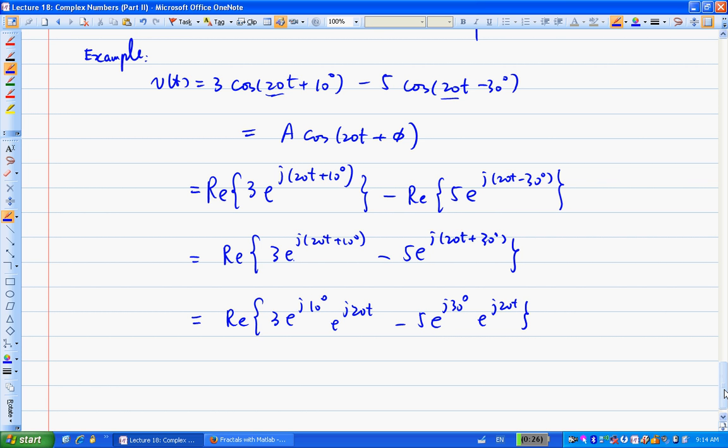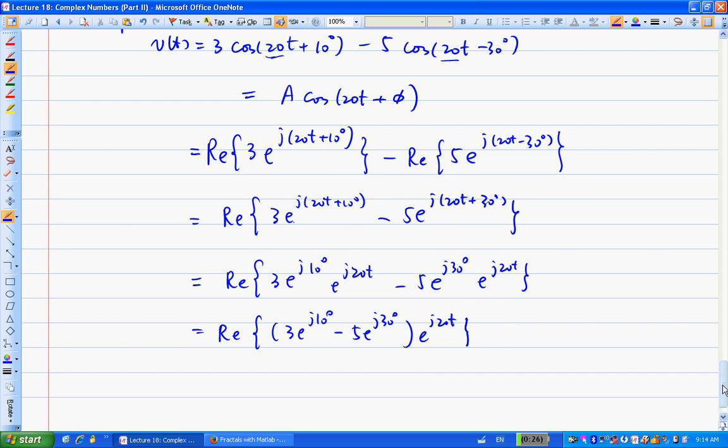So I've got a common factor e^(jωt) for both terms here. I'm going to take this common factor out, and so that gives me this.